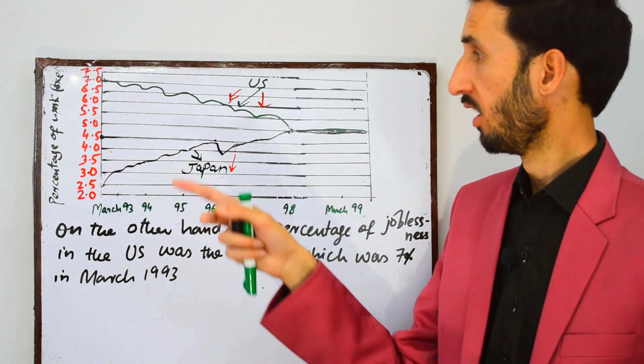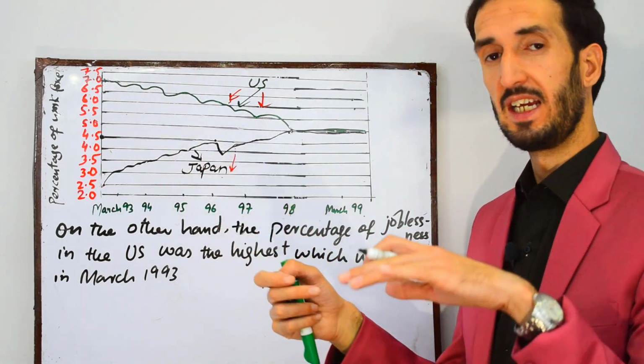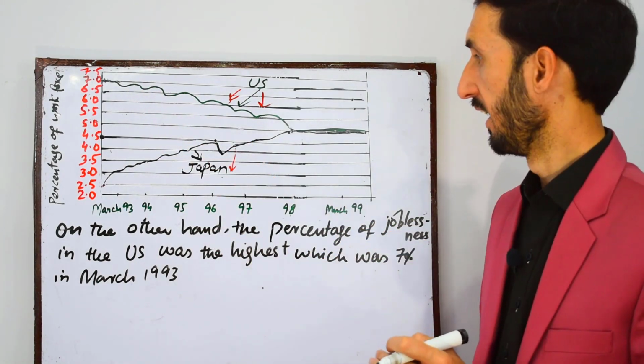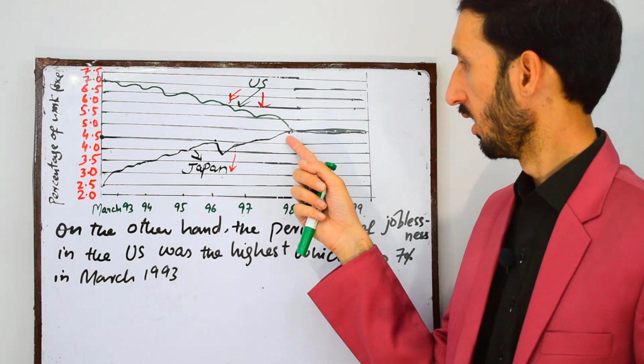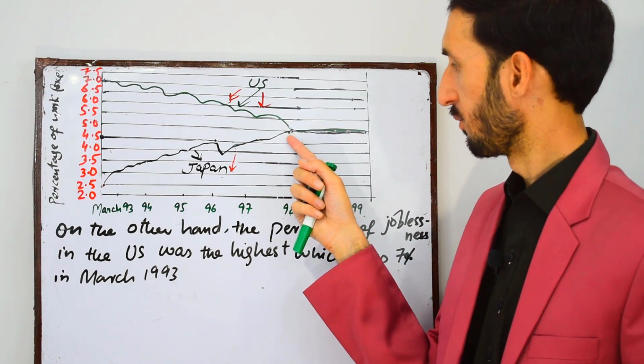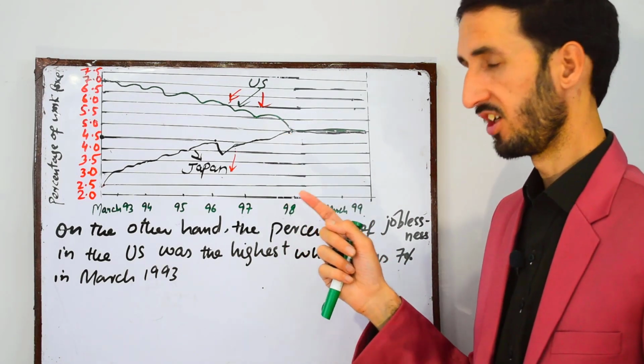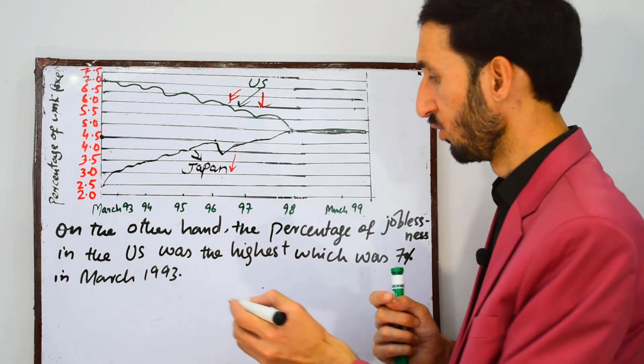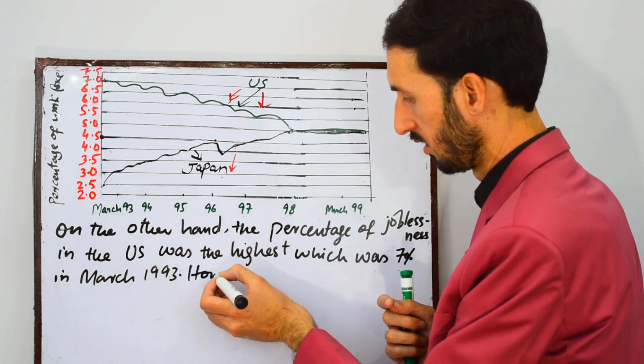What happened later? As you can see, it declined. You can see there is some fluctuation. And what happened later? It reached 5% in the year 1998. So we are going to write this one. I'll use the word however.